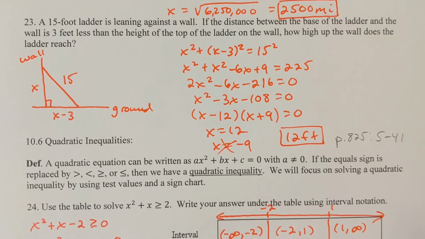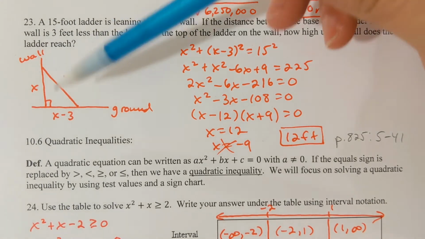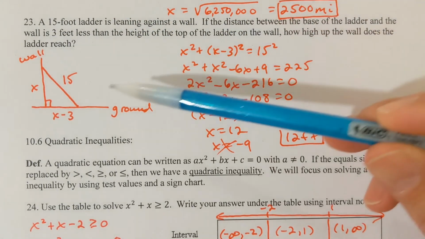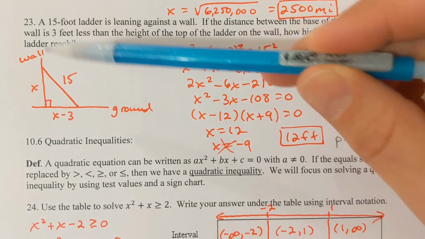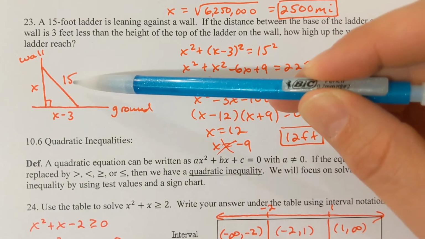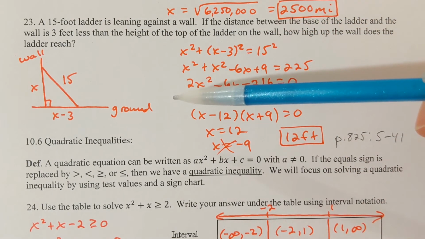Problem 23 is the last one in this section. A 15-foot ladder is leaning against a wall. If the distance between the base of the ladder and the wall is 3 feet less than the height of the top of the ladder on the wall, how high up the wall does the ladder reach? I've got a picture of what they're describing here. Here's the ground and here's a wall, and I've got a 15-foot ladder leaning against the wall.